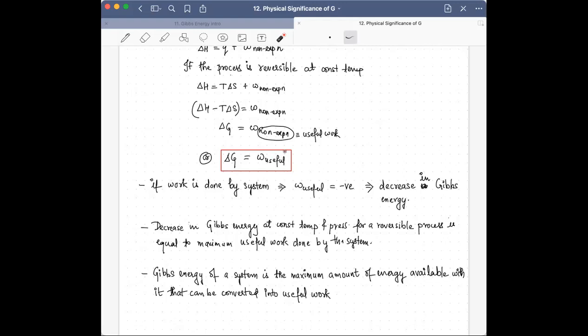The more maximum useful work is available, the more spontaneous it would be. That is the condition for spontaneity: delta G should be a negative value. So the higher the decrease in the Gibbs energy, the higher would be the maximum useful work that you can obtain from a system spontaneously.